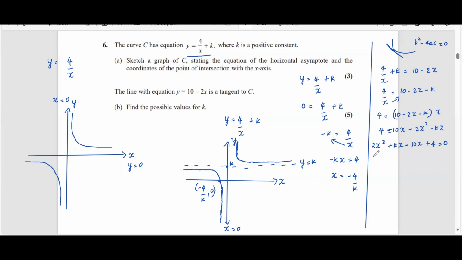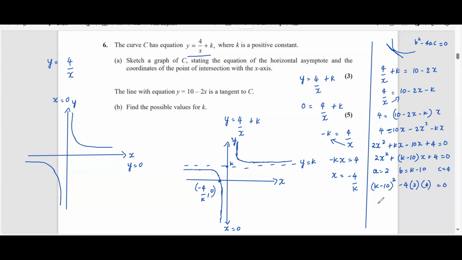Now, we know that b square minus 4ac is equal to 0, since it is a tangent, just touching the curve at one point. So I can simplify this once more: 2x square plus k minus 10 into x plus 4 equals 0. So a equals 2, b equals k minus 10, and c equals 4. b square minus 4ac, that is k minus 10 the whole square minus 4 into a into c, is equal to 0.